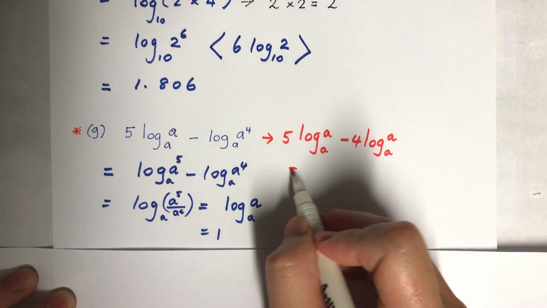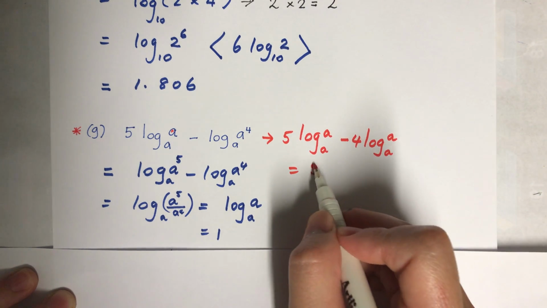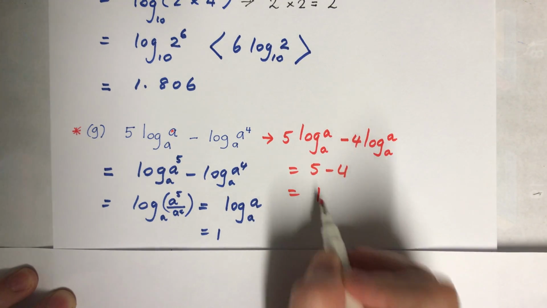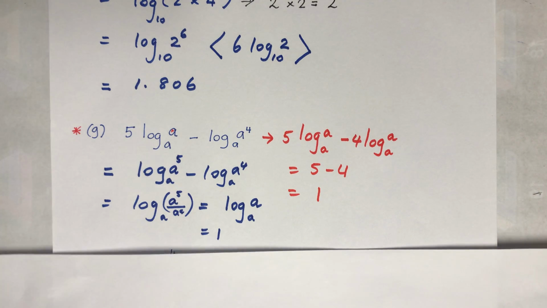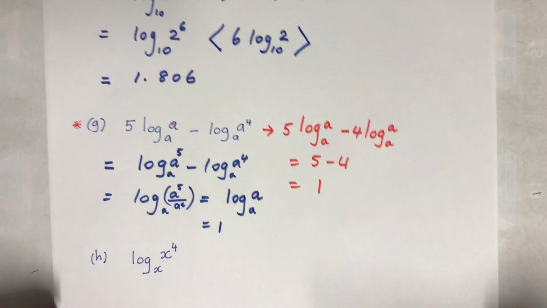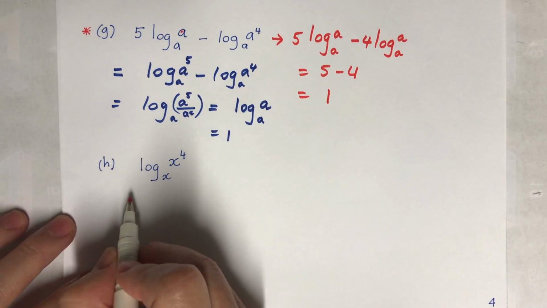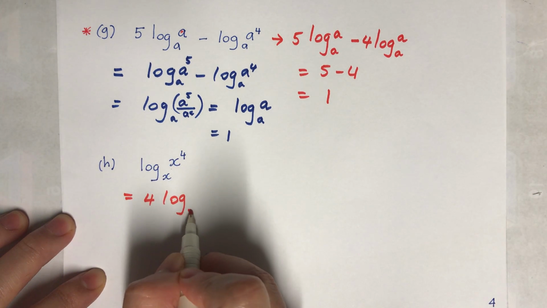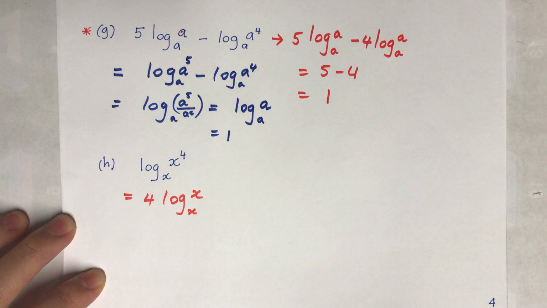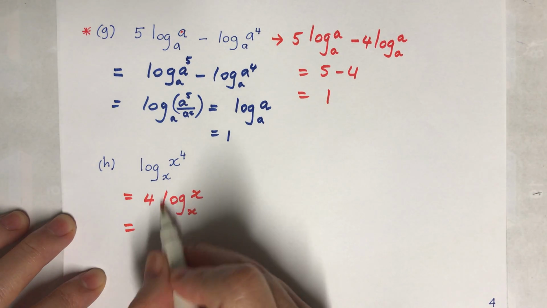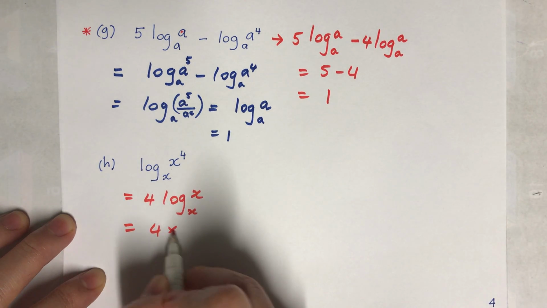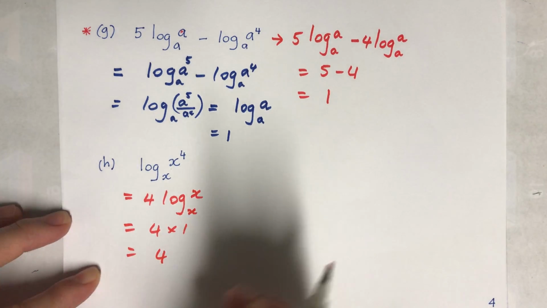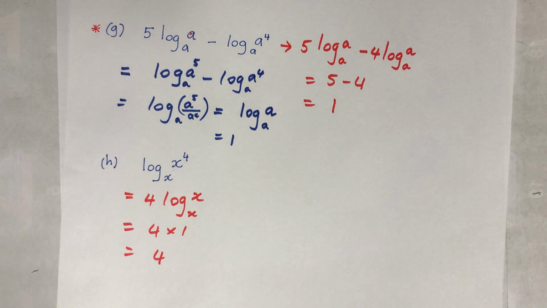That means that's 1, and I'll just get that equals 1. So that's the same. Okay, and the other one, let's have a look. Now that's the power to the front of the log, and when you have the same base and the same answer, you get just 1. This part is 1. So 4 times 1 equals 4. Okay, so that's the answer.